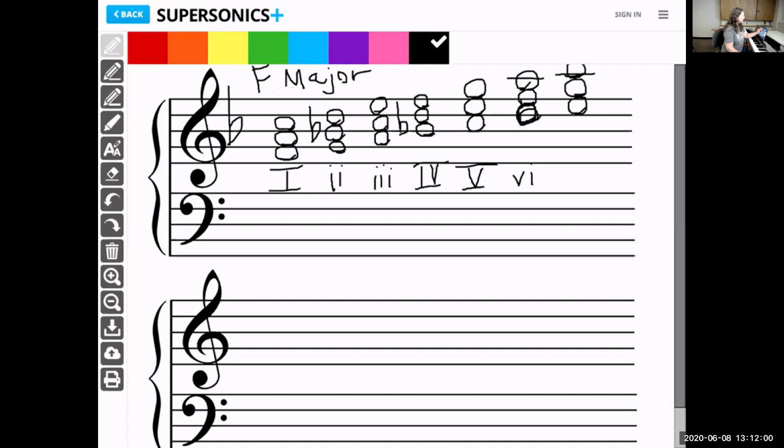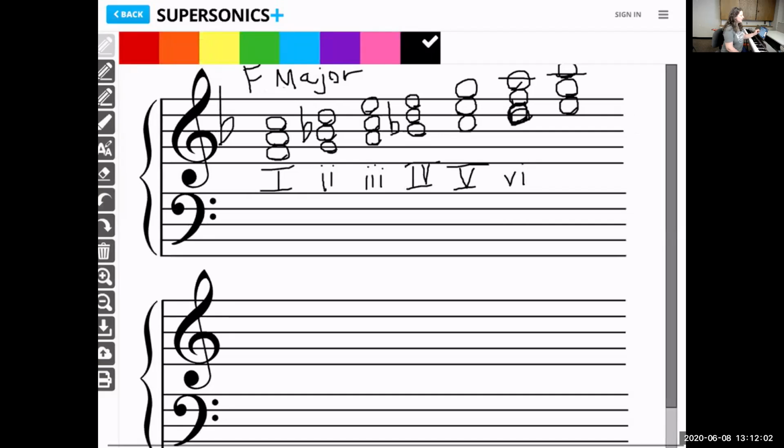It's going to be hard for me to draw that flat up there because I'm so high, but imagine that this B up here is a B flat. I'm just coloring it in black. This is actually the 7 diminished chord. Then of course, if we wanted to go all the way up, we would do another F major chord, and that would be back to the 1 chord.